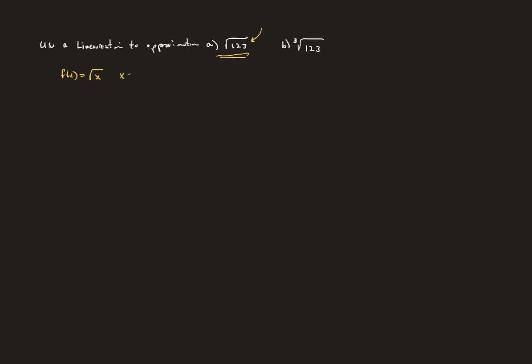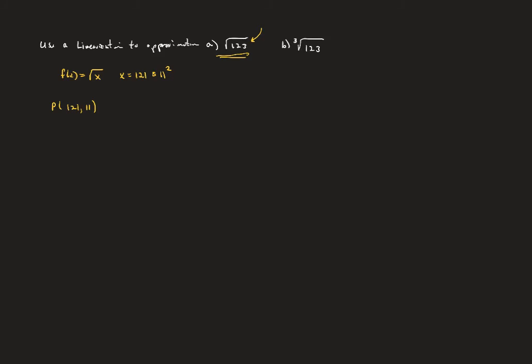So hopefully you're thinking of 121 because that is 11 squared. So that would mean our point on the curve is going to have an x value of 121, and its y value will be the square root of x, which is the square root of 121, which is 11.